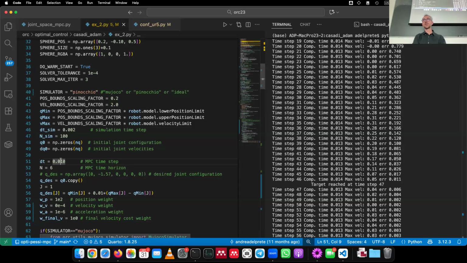What's the downside of increasing the time step, though? There's more time between two steps. So it's less precise. Could be a collision in between two steps.